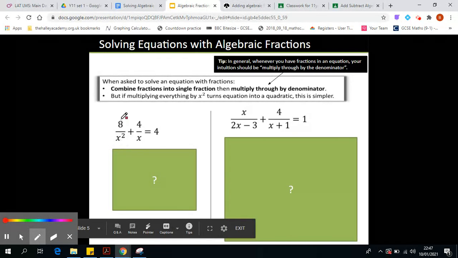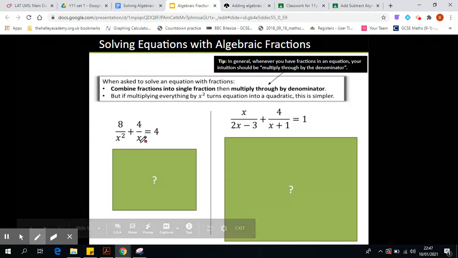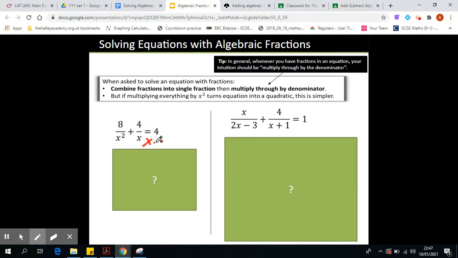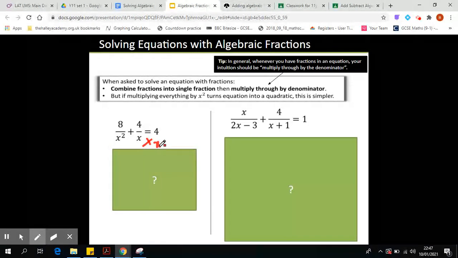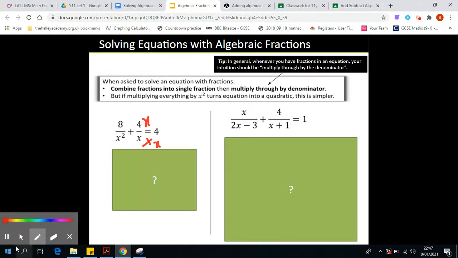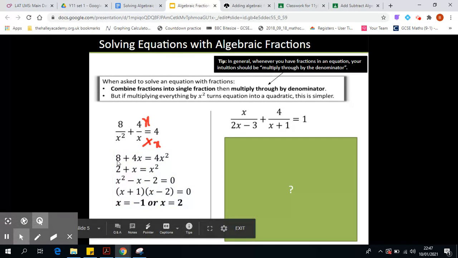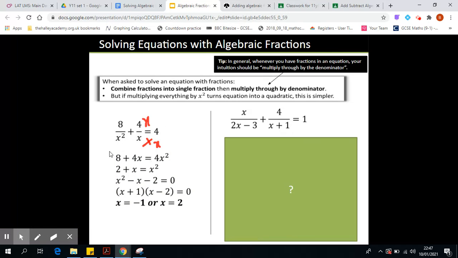Here, the denominator is x squared and x, so by multiplying by x squared on both sides, we would get 8 plus 4x, which is equal to 4 multiplied by x squared.